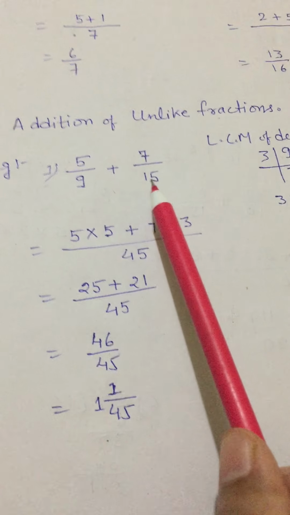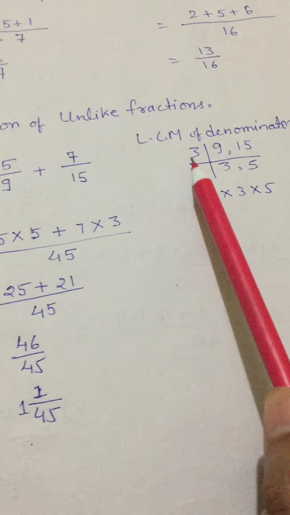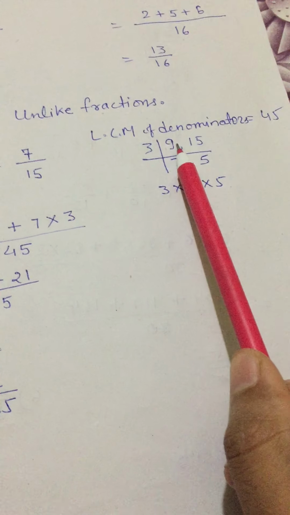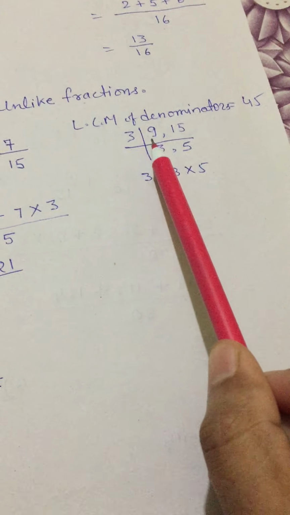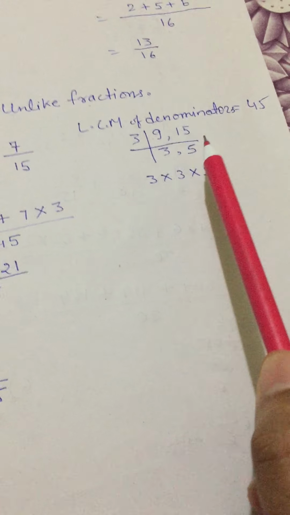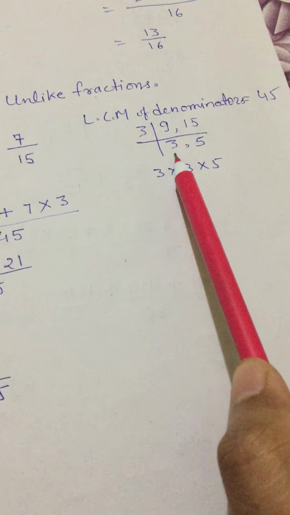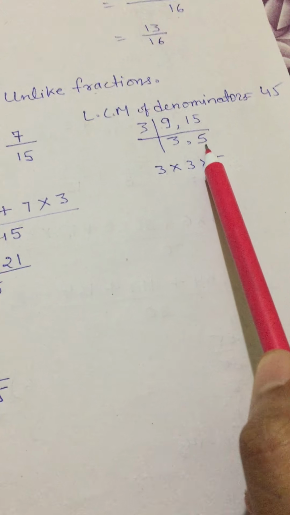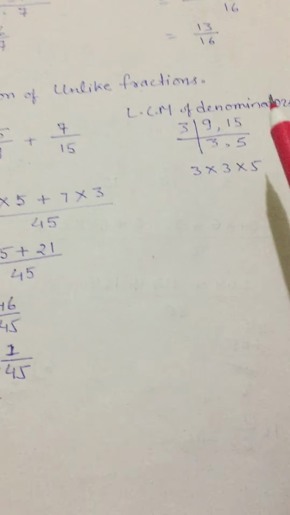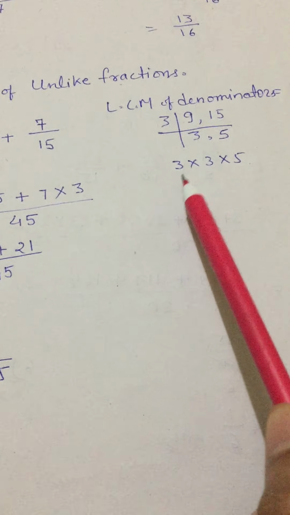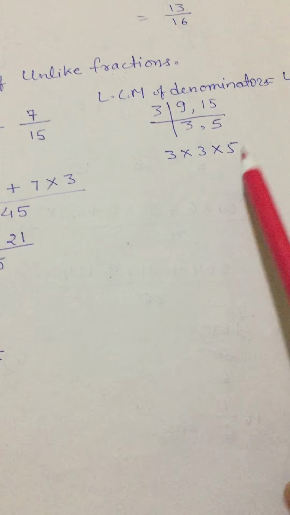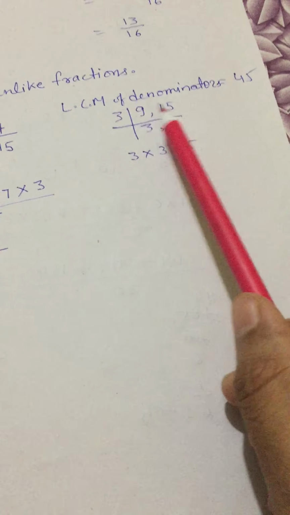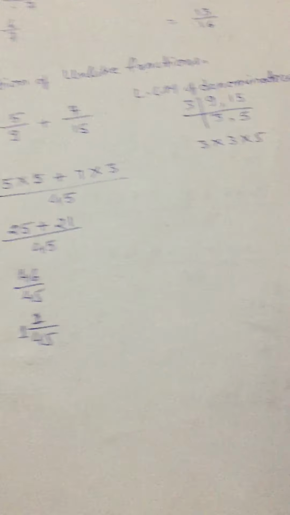To add, first we have to find the LCM of denominators, that is 9 and 15. So the LCM of 9 and 15 is 3 3s are 9, 3 5s are 15. So 3 into 3 into 5, 45. So the LCM of denominators is 45.